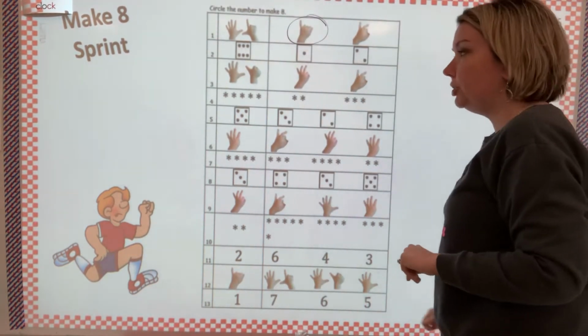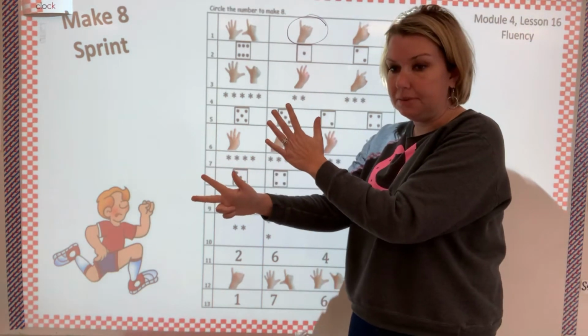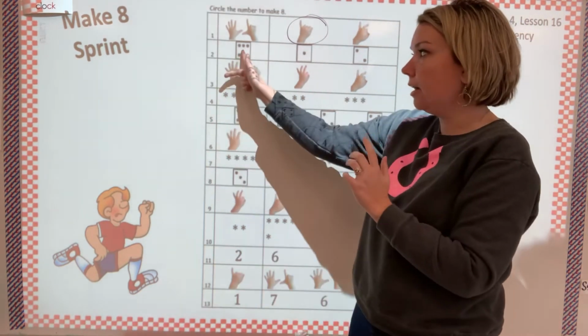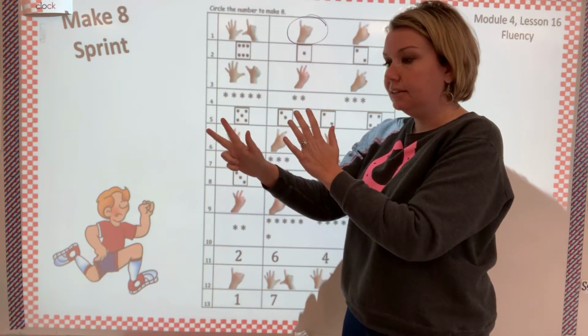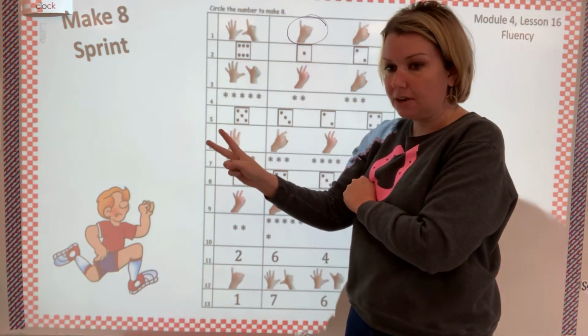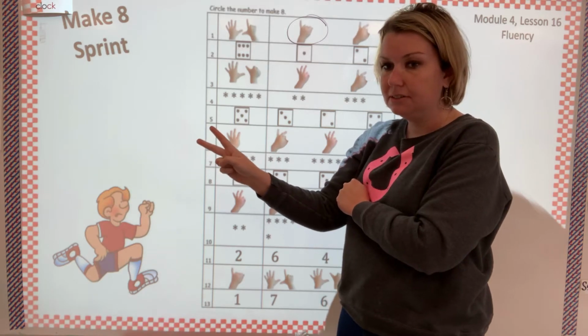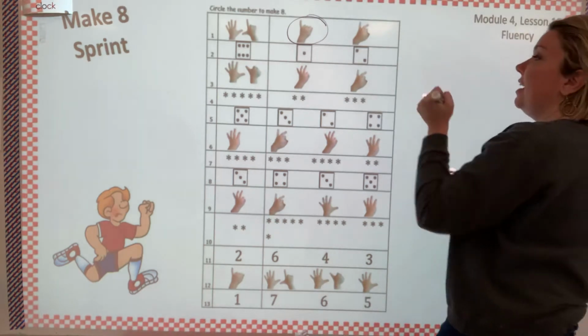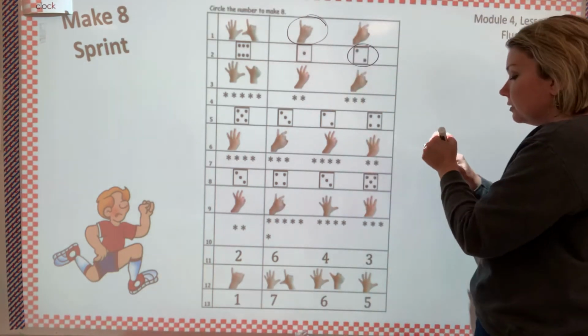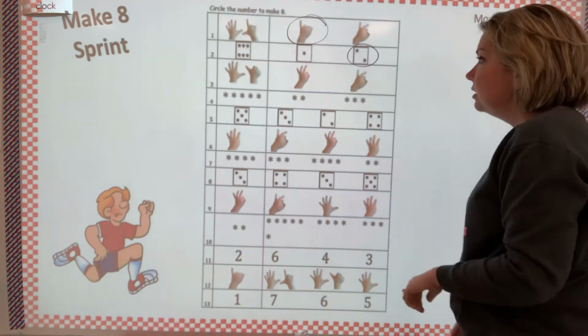Okay? Show 8 fingers again. How many dots are on the dice? 6. Take 6 fingers down. How many are left? 2. So I need 2 more to make 8. Okay?